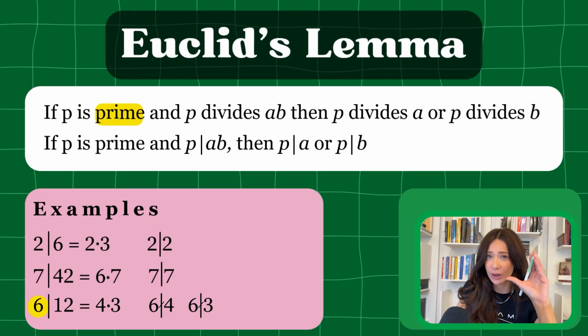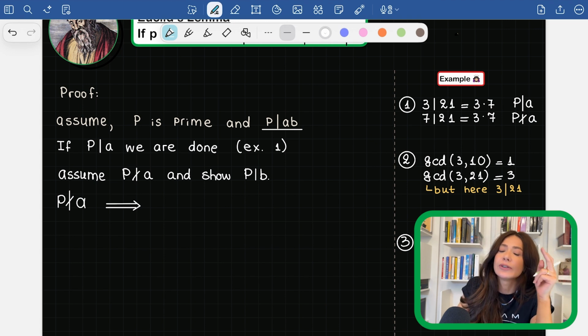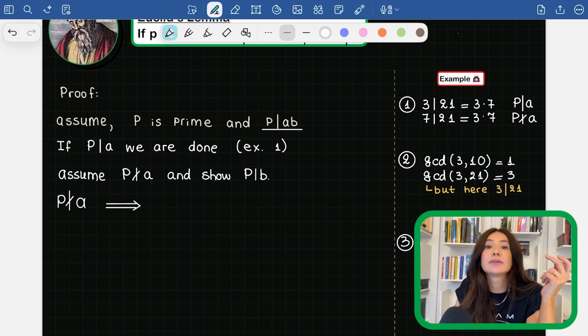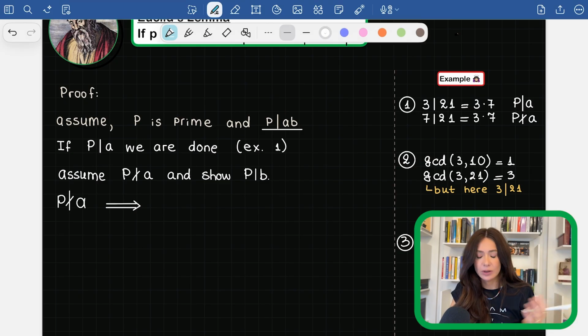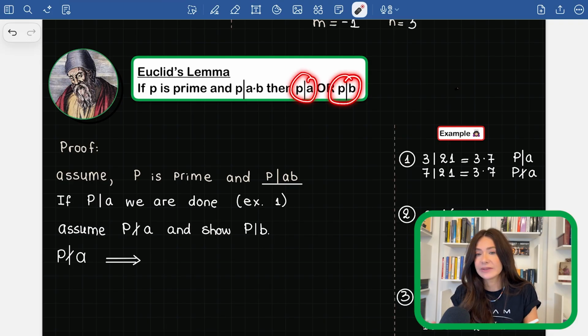So you have to work with prime, okay? And also, if you took 3 divides 10, it's because 3 doesn't divide the composite number 10. So we're saying that p is prime and that p divides that composite number. Okay? Then p divides a, or we're not demanding that it divide both, just one of them. A or p divides b.